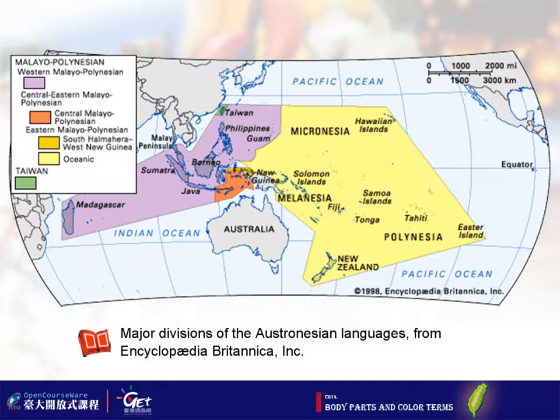Compared to all the languages in the world, almost 1/5 of the world's languages belong to that particular language family. So it's a very, very important language family. It's as important as Indo-European. It's also a very large language family.